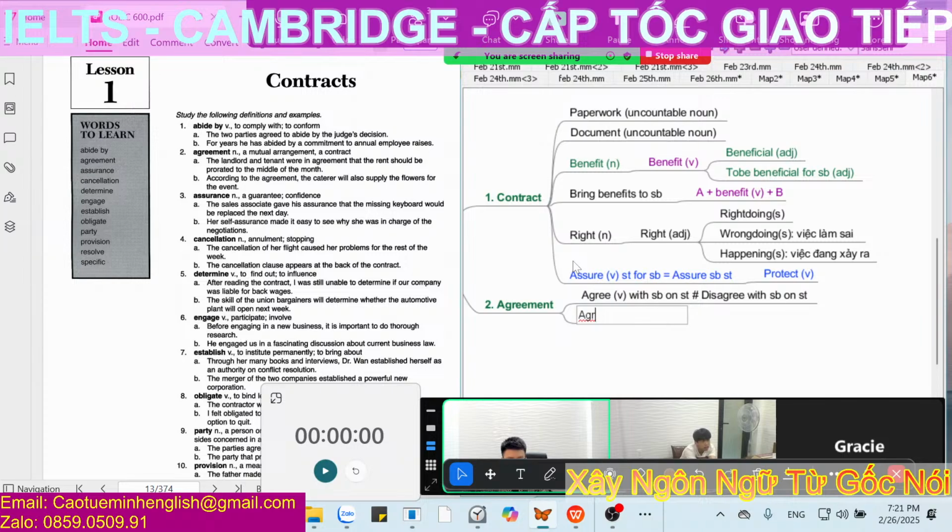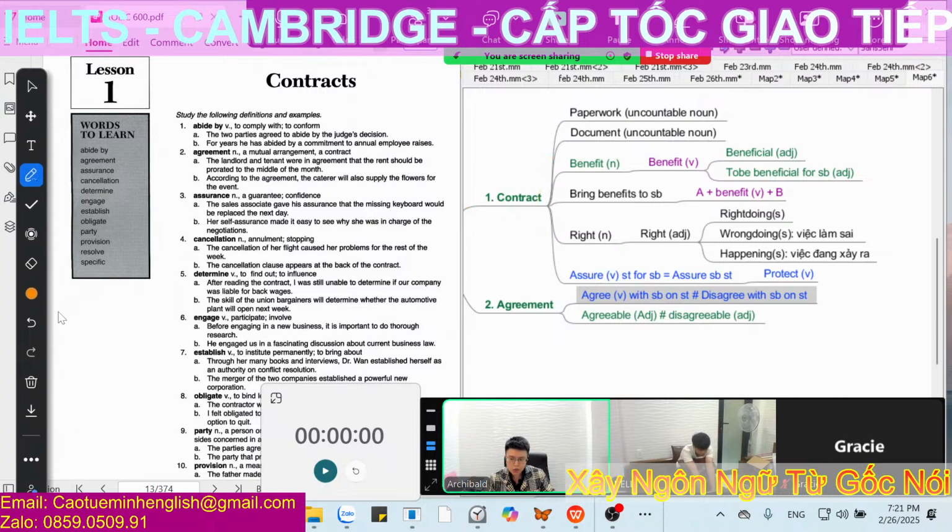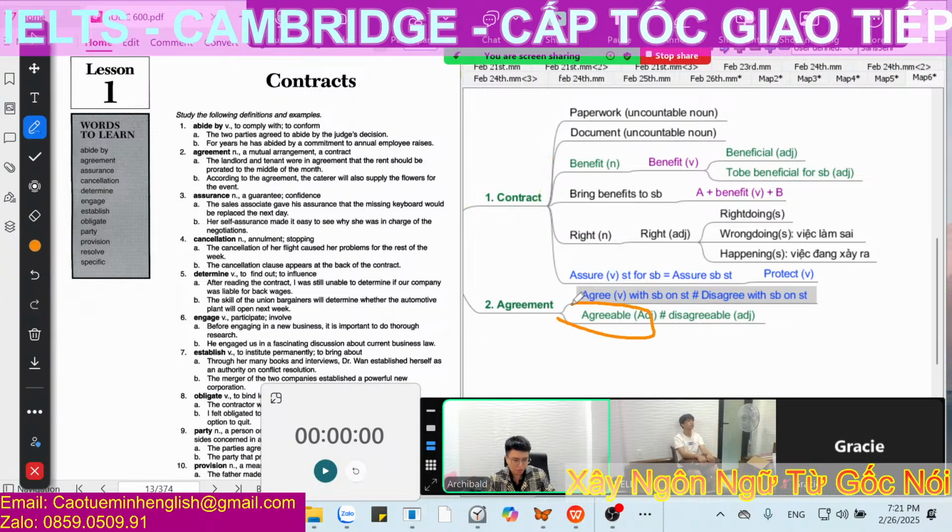And the next one, that is agreeable, an adjective, or disagreeable, another adjective. So they are adjectives and they are verbs. For example, I can say that today the contract is agreeable.